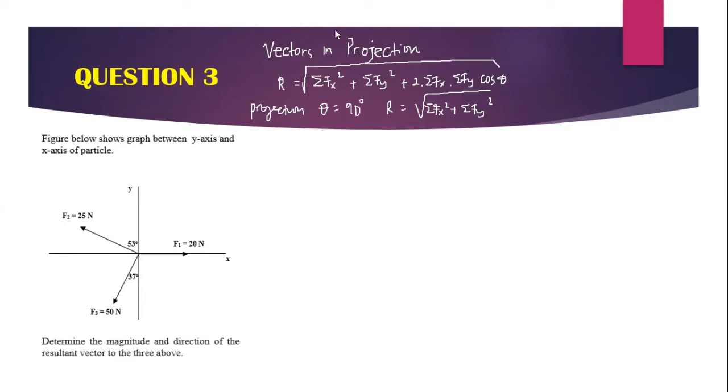You have to project the vectors that do not lie on the x and y axis.